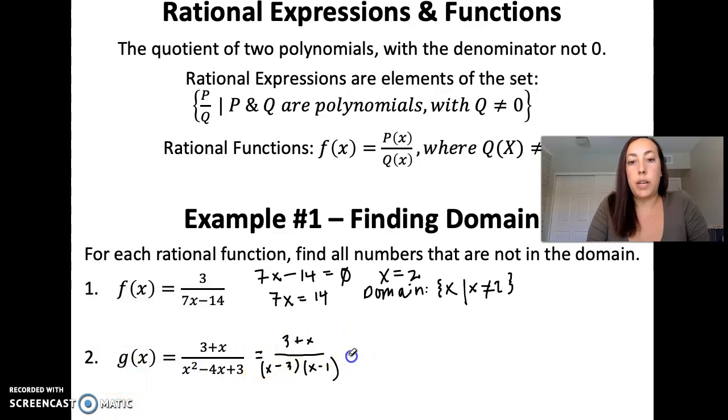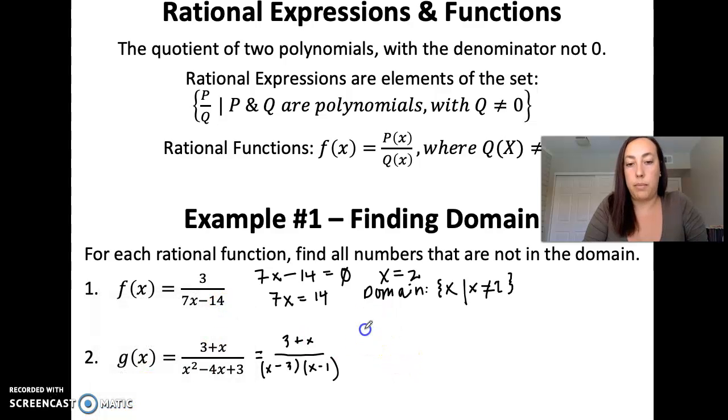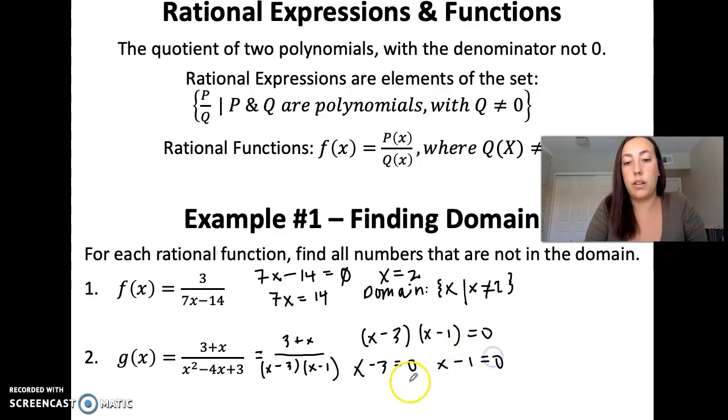So if we look at the denominator, we just know the denominator cannot be equal to 0. So let's figure out what values of x make that denominator 0. We have x minus 3 times x minus 1. If we set that equal to 0, remember we solve with the zero product property. So x minus 3 could be equal to 0, or x minus 1 could be equal to 0.